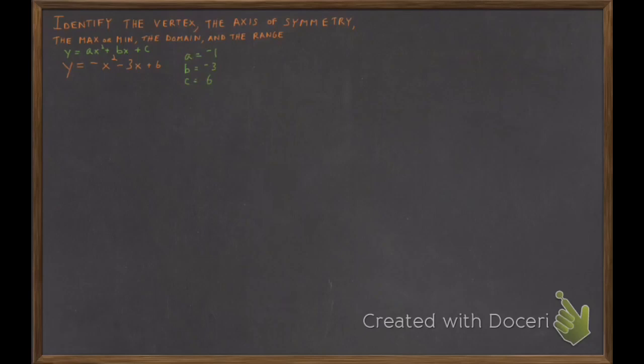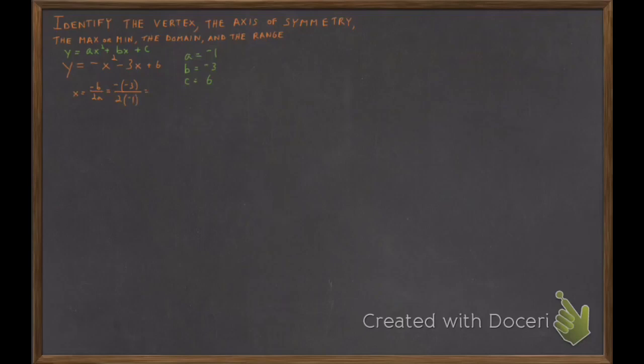Our vertex is always at x equals -b over 2a. So we see that it's a negative. We then substitute in parentheses -3 divided by 2 times a, parentheses again to substitute in that a, and our a is -1.